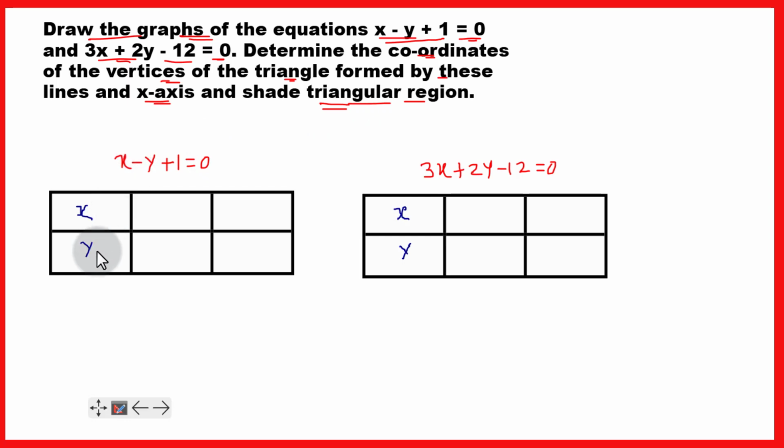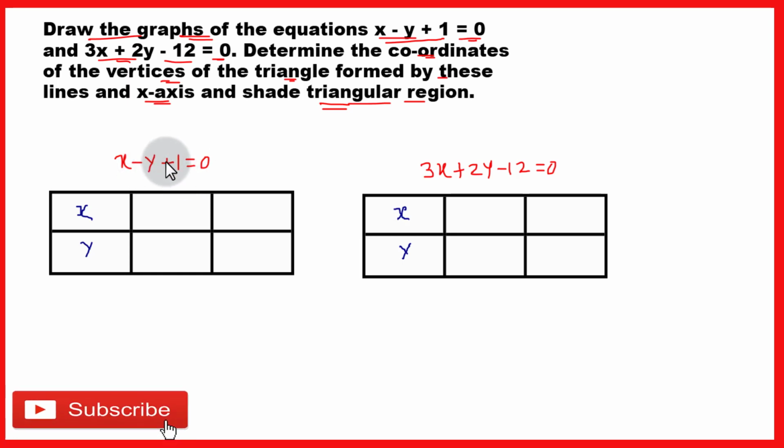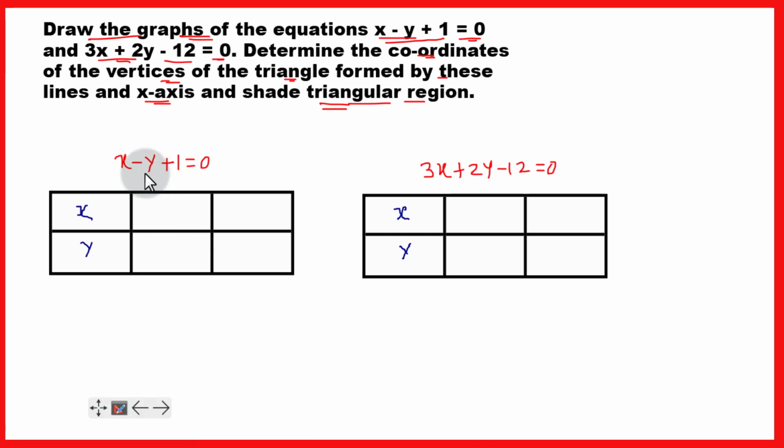So friends, here first we will find the x and y coordinates for this equation. To find the coordinates, we write this equation as y in terms of x. So first we will take x to this side and 1 also to this side.